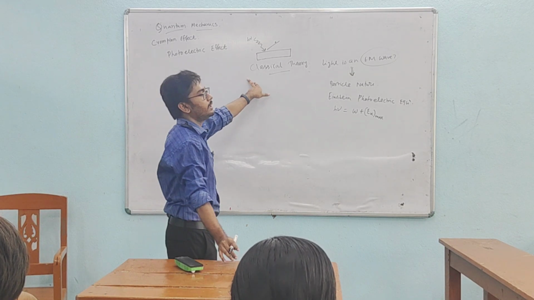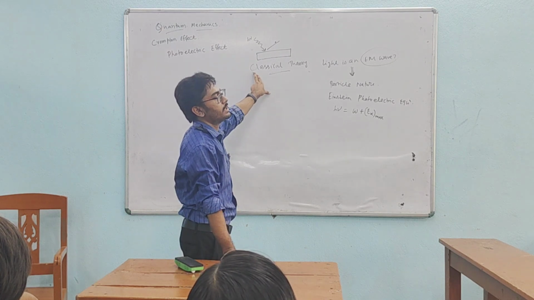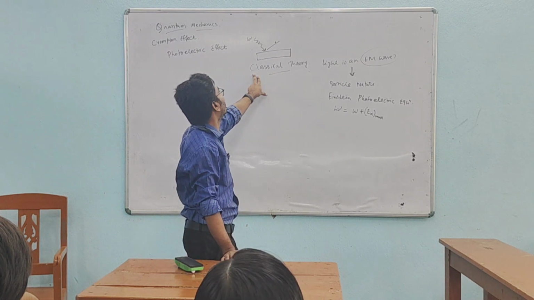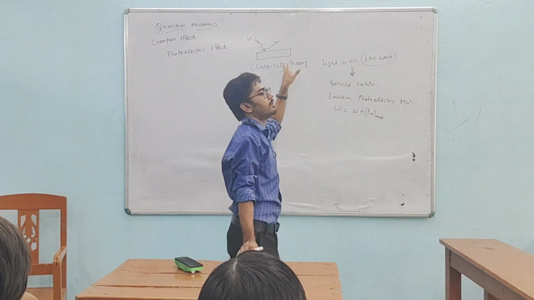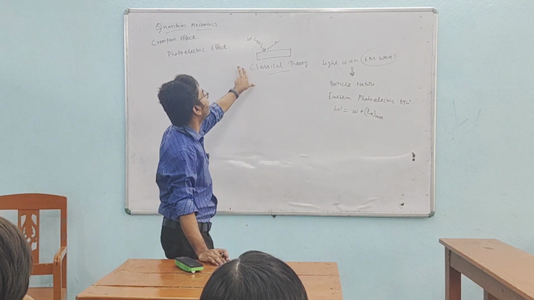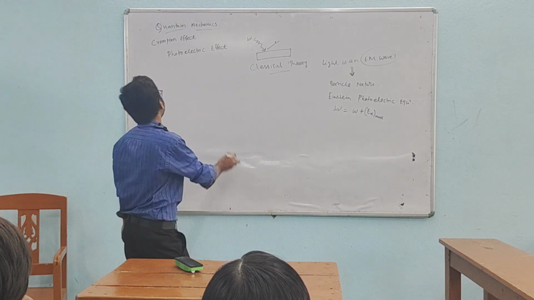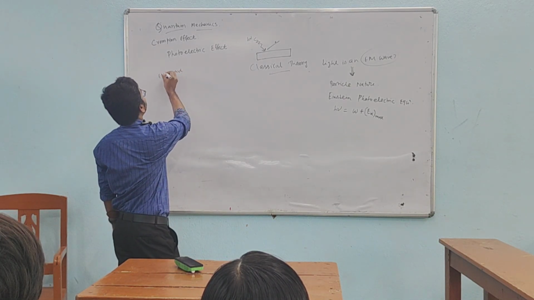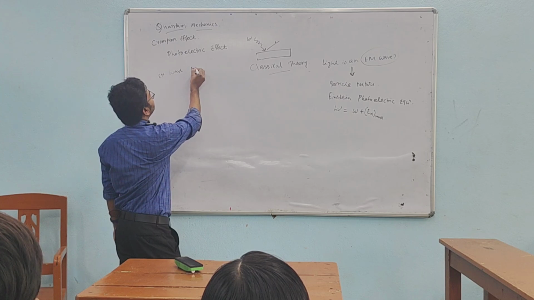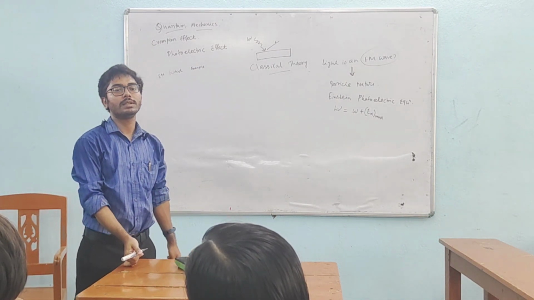Now why is this important? Because quantum mechanics gives the suggestion that light is not only an electromagnetic wave, but it also has some particle nature. So it can be either wave or particle. So what is an example of the wave? Tell me. Interference.